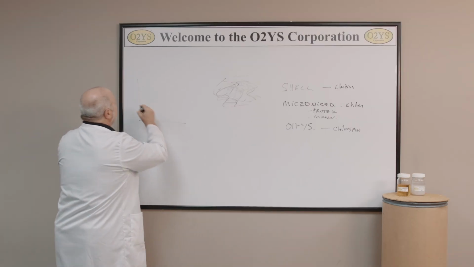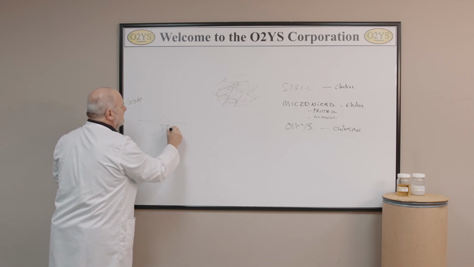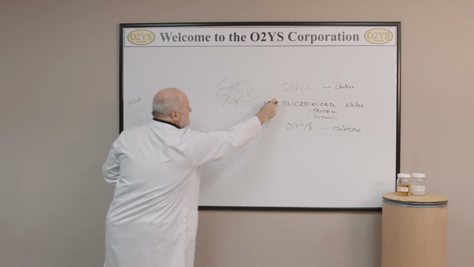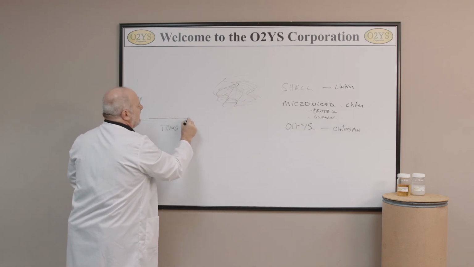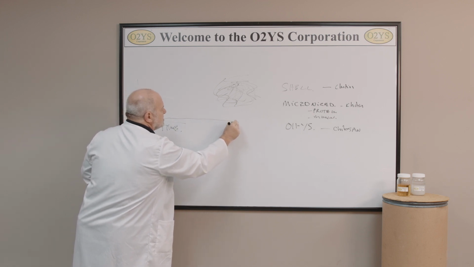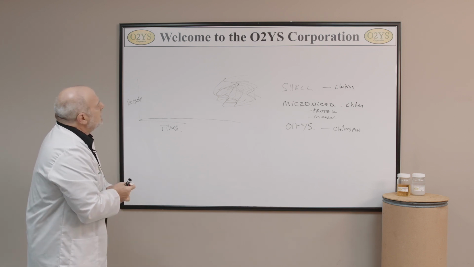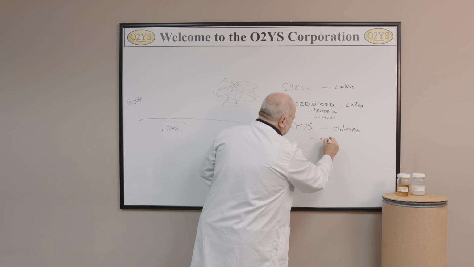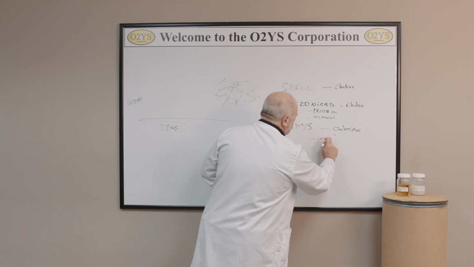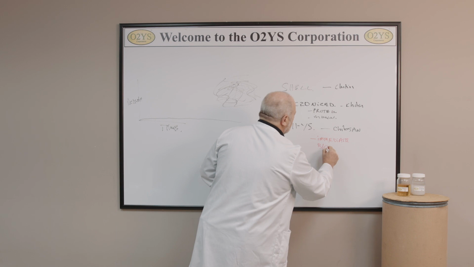If you were to graph out, say, activity and time, with these two materials, you're going to wind up having a very, very slow and very, very gradual activity in the soil. With our material, we have immediate bioavailability.